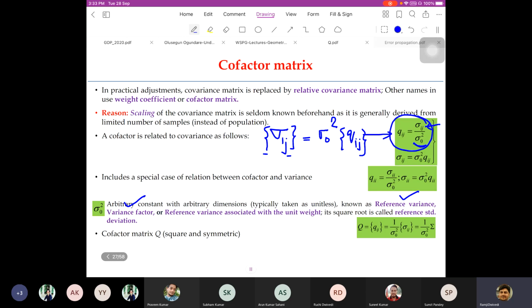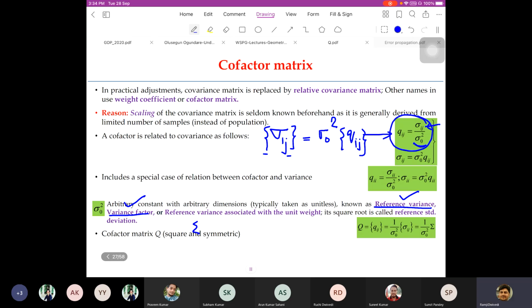Although the popular terminology is reference variance and variance factor, it helps you relate to the so-called actual variance covariance matrix. And similar to the variance covariance matrix, the cofactor matrix, capital Q, is also square and symmetric.